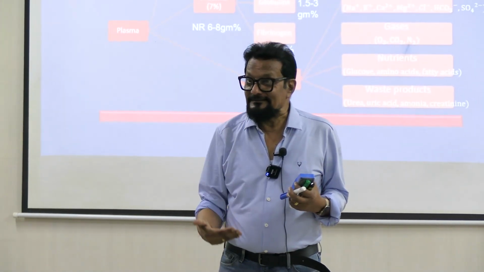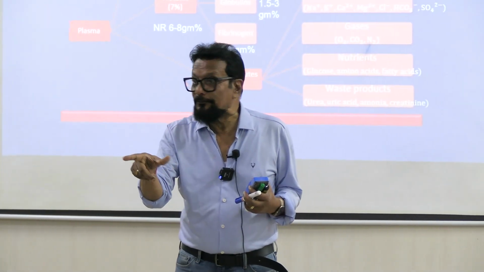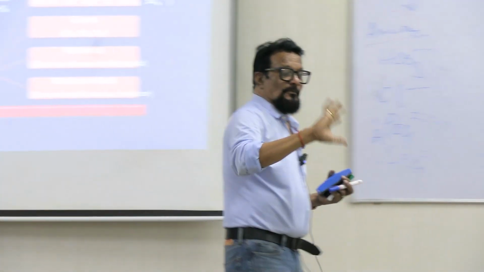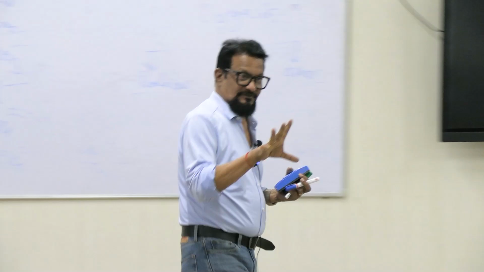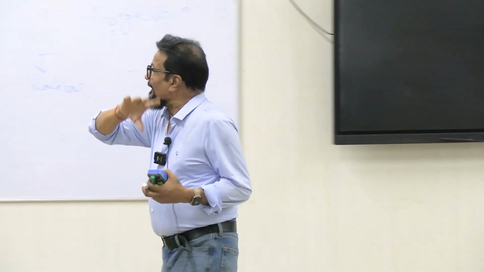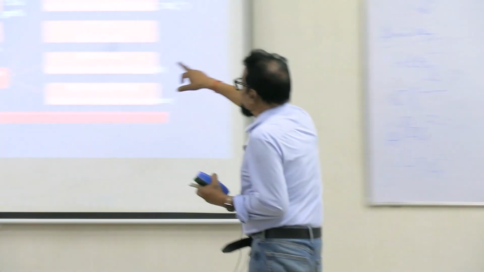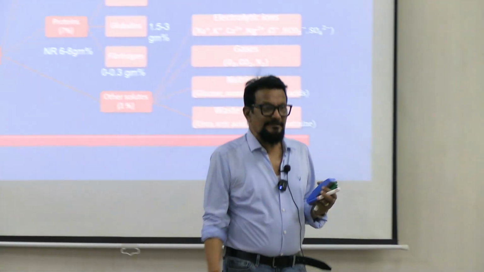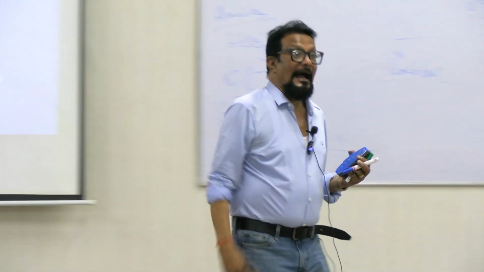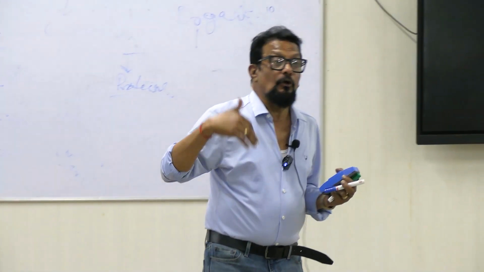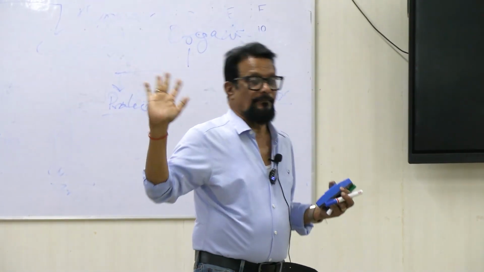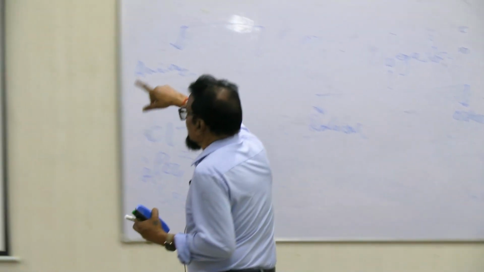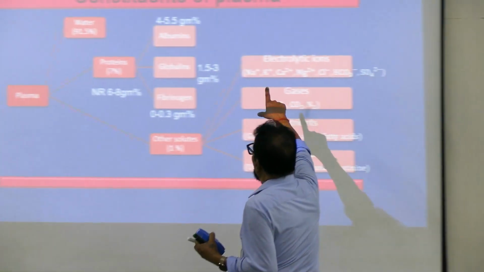You have to explain it. So first you have to know what is hypoalbuminemia and what is hyperalbuminemia. Similarly, if the globulin level becomes more than 3 gram %, what is this condition? Hyperglobulinemia. Very good.